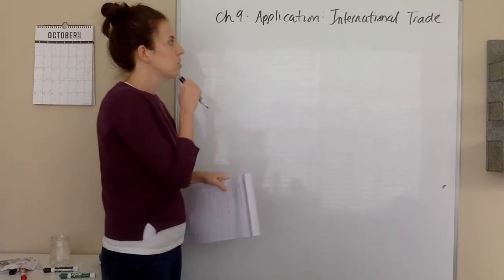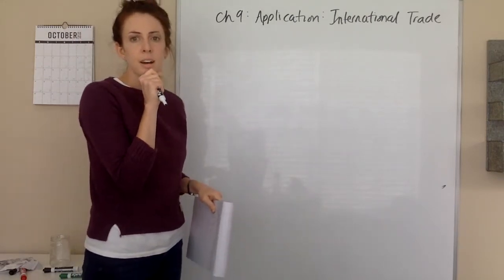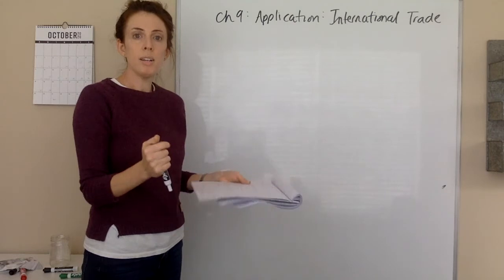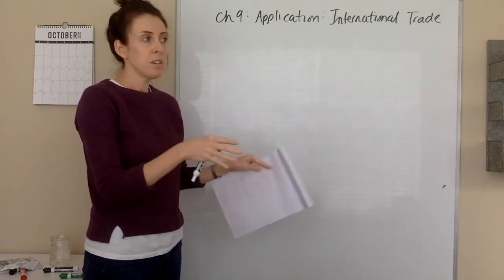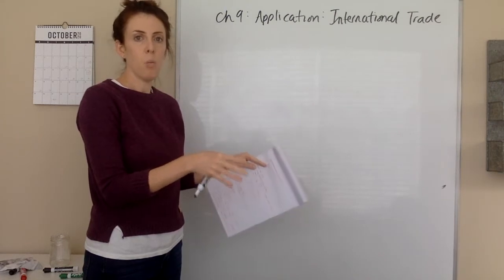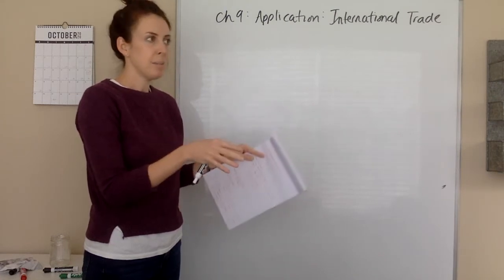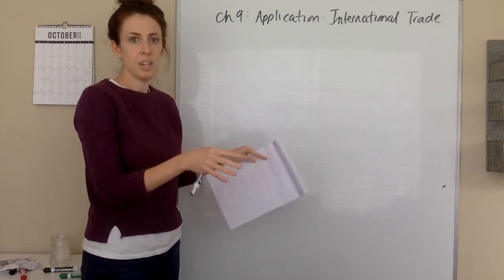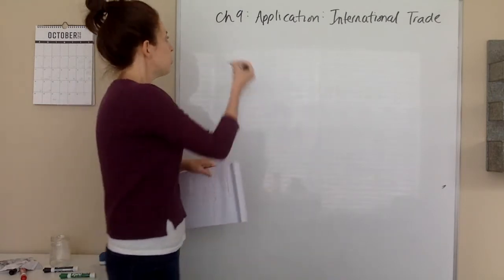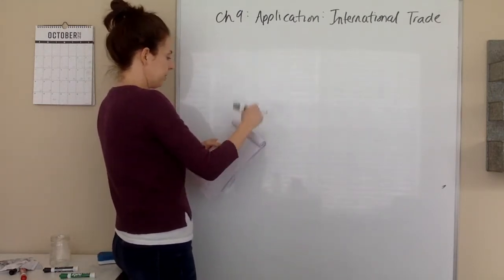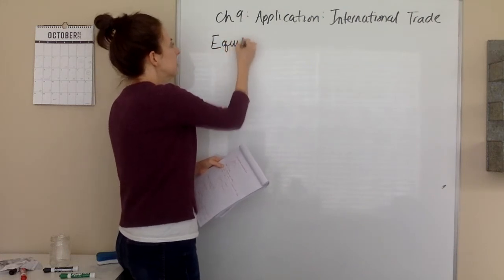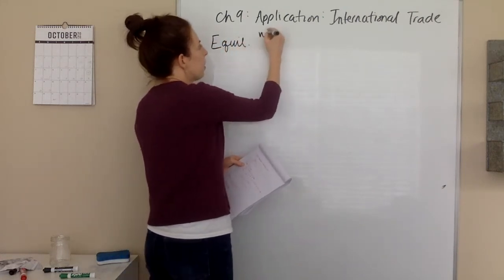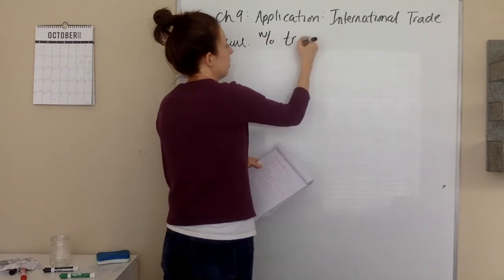Okay, so first I'm going to show you what would be going on in the domestic market if there was no trade. Then we're going to use that as a baseline to compare welfare effects in that same domestic country if they then decided to engage in trade. So to start with, let's think about the equilibrium without trade.